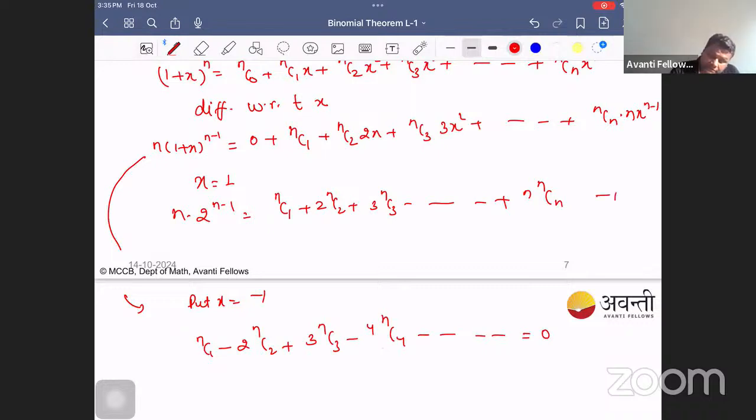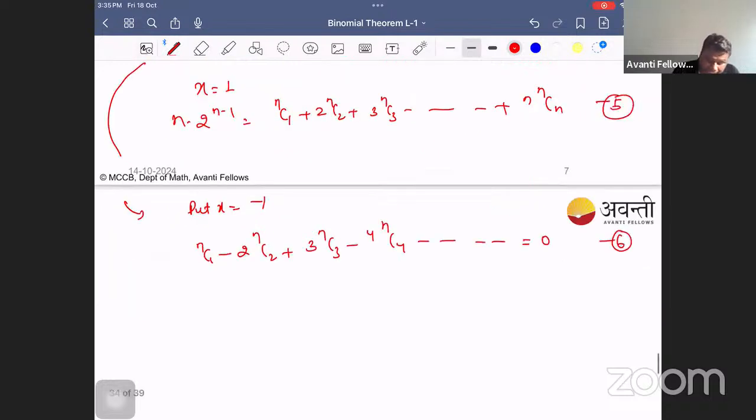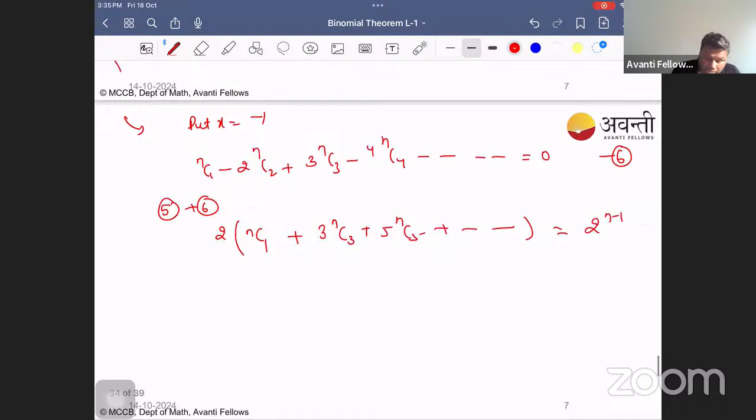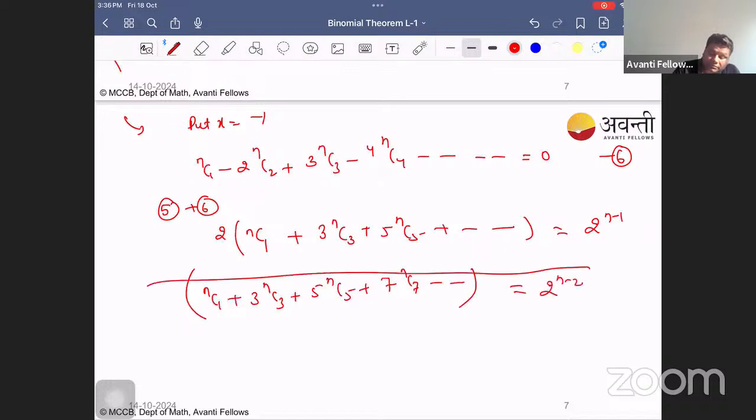Now, if this is equation 5 and this is 6, add 5 plus 6. So twice of nC1 plus 3·nC3 plus 5·nC5, and so on, wherever it goes, will be 2^(n-1). Now divide it by 2, then nC1 + 3·nC3 + 5·nC5 + 7·nC7 and so on equals 2^(n-2).